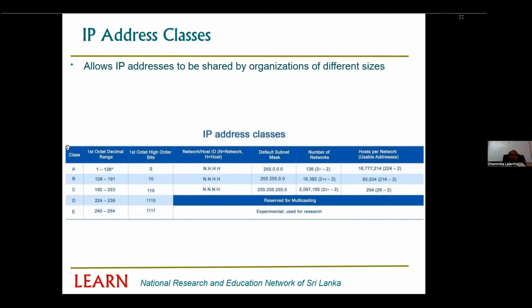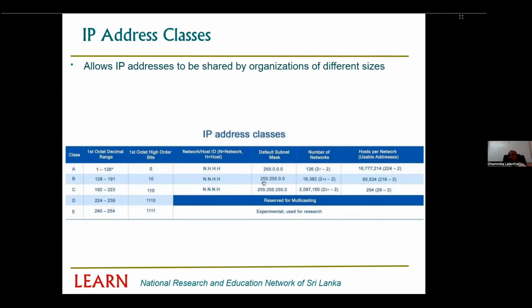Likewise, for class B addresses, the network ID will be 16 bits and the host bits will be 16 bits. So the subnet mask will be 255.255.0.0.